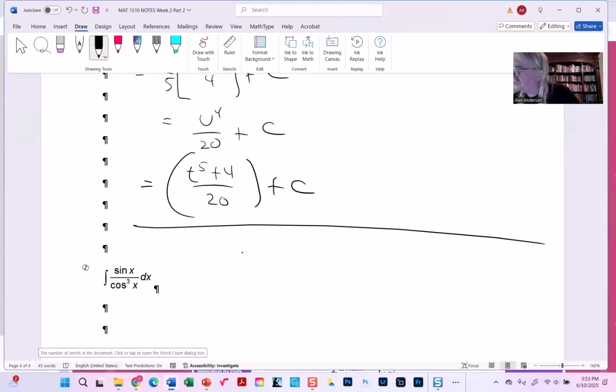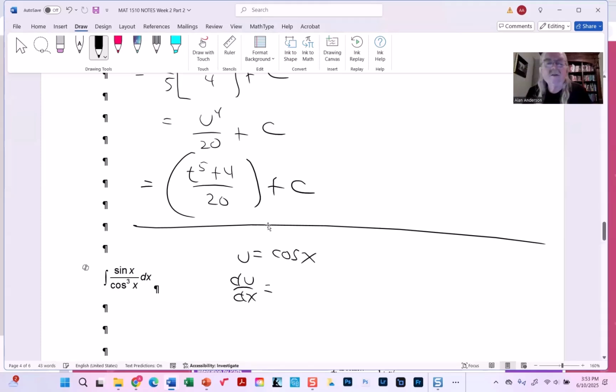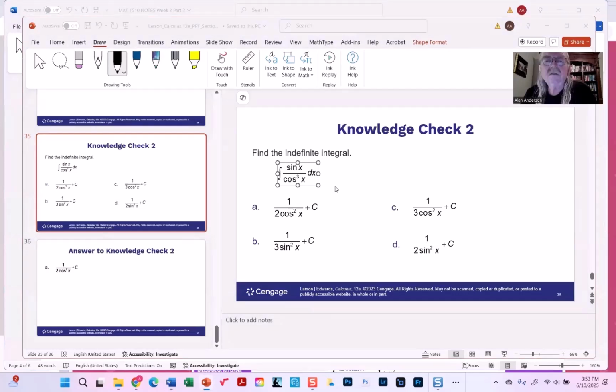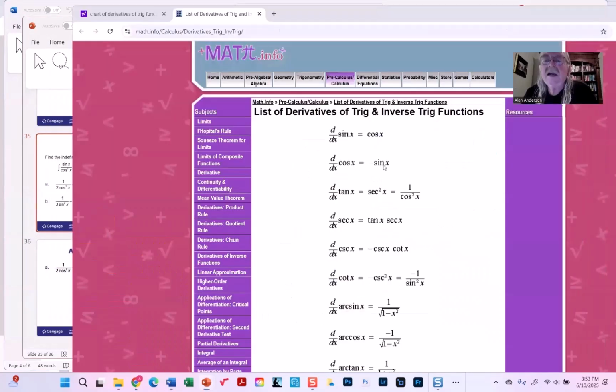So I think what we should do is let u be the cosine of x. And of course, based on our chart, that means we have negative sine x as our derivative.